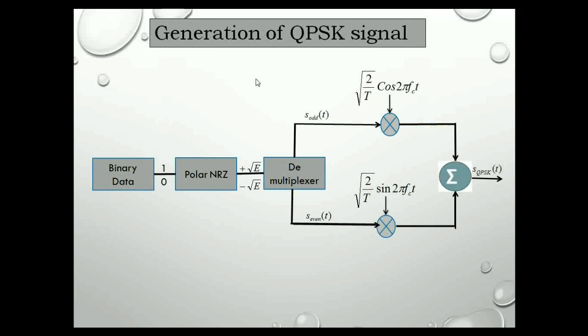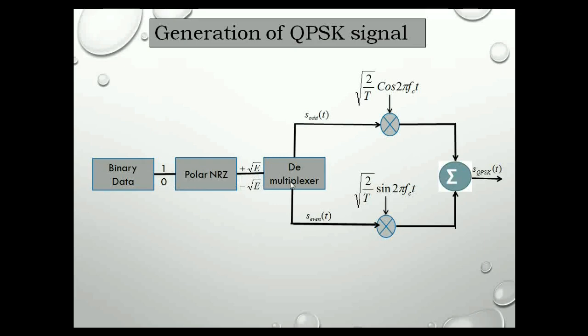Now the generation of the QPSK signal. The diagram shows the transmitter of the QPSK signal. Here the binary data 1 and 0 is applied to the polar NRZ encoder, which assigns plus square root of E whenever the binary data is 1 and minus square root of E when the binary data is 0.